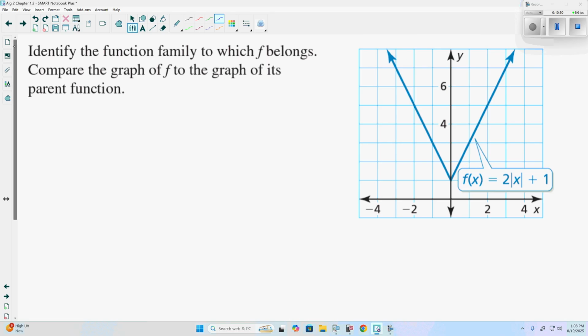So looking at this graph here, identify the family to which the function belongs and compare the graph of f to the graph of its parent. Describe the transformation. So what's the parent function? Which one had a V shape? Absolute value.